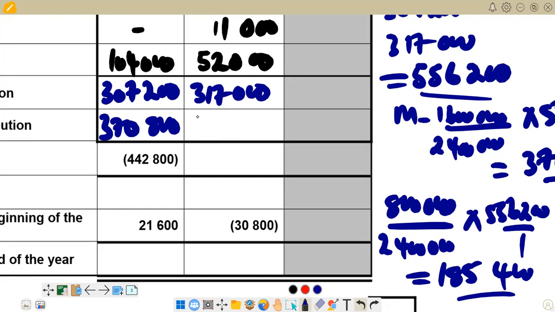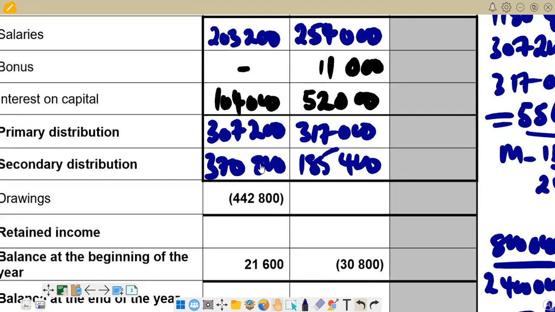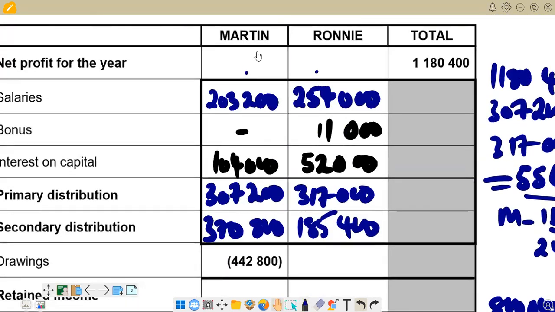Right. So with that we can now find the figure for net profit for the year in terms of how we are going to apportion there. To get the figure that is supposed to come here for Martin, we add the primary distribution plus the secondary distribution. That's the net profit for the year for Martin.